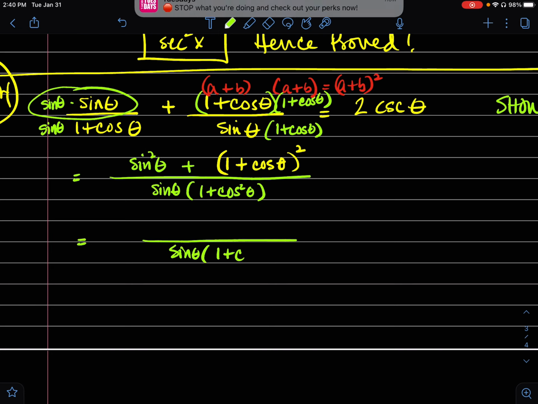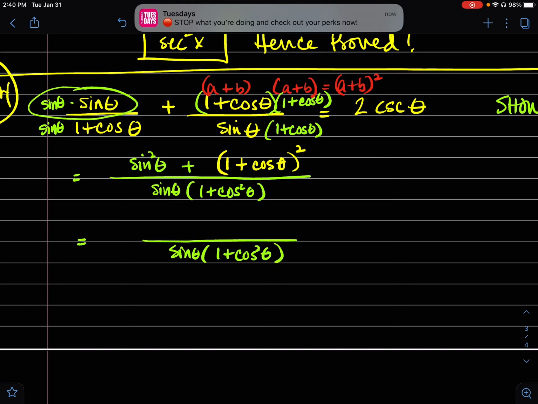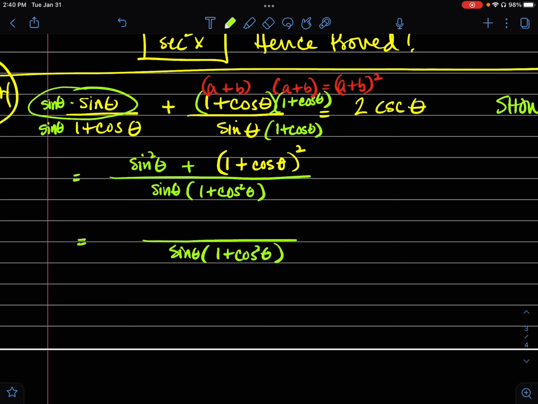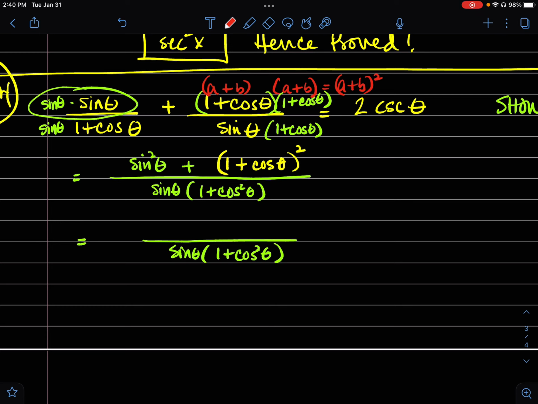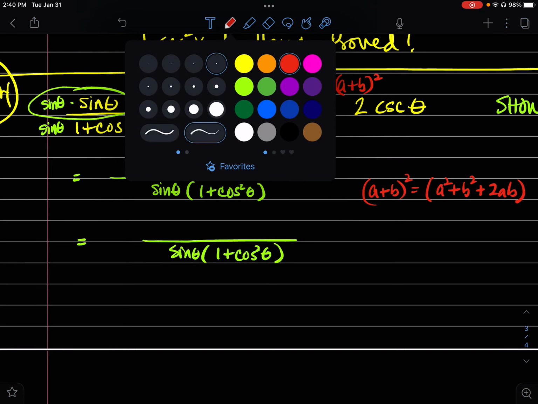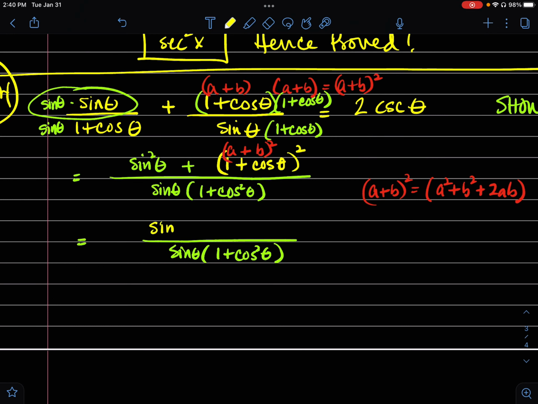I'm going to open up the squared. Okay, let's open up the squared. You could have FOILed it up here, but according to me, this is a plus b whole squared, which, again, you either FOIL or just use the formula a squared plus b squared plus 2 times ab. The sine squared theta just comes down the way it was, and I'm now opening it up.